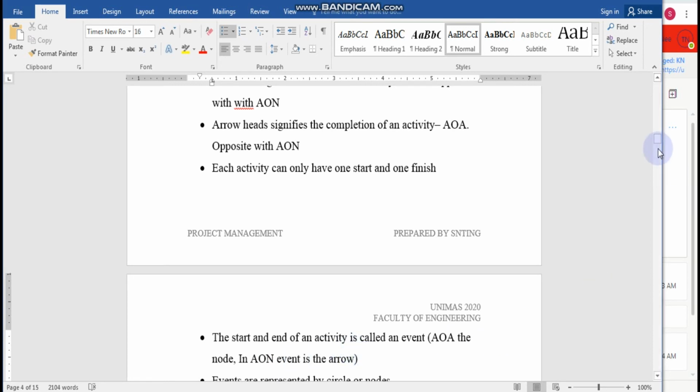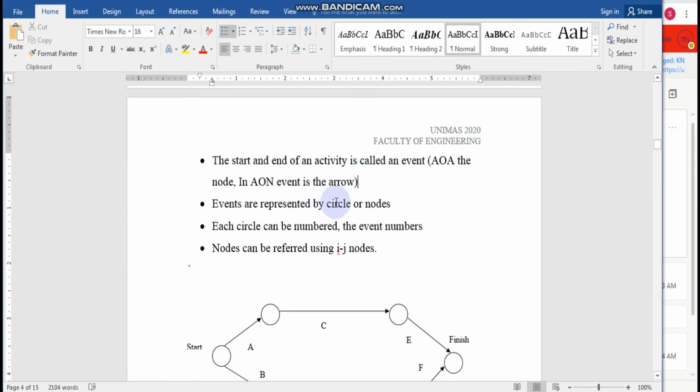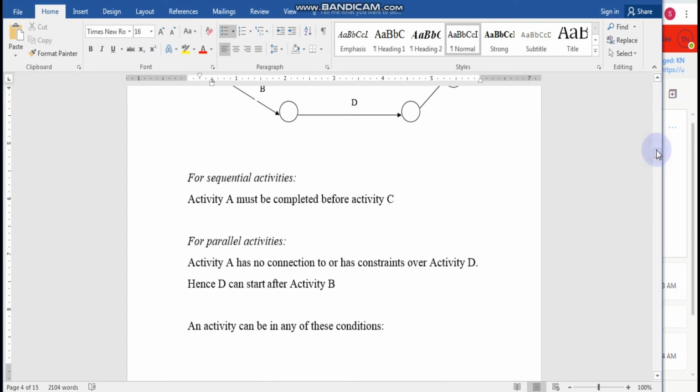So I hope this is clear. These are some of the basic definitions. Events can be represented by circles or nodes or the arrow itself. Each circle will be numbered, so whether it's in AON or AOA, it will be numbered. There is something that you need to note.